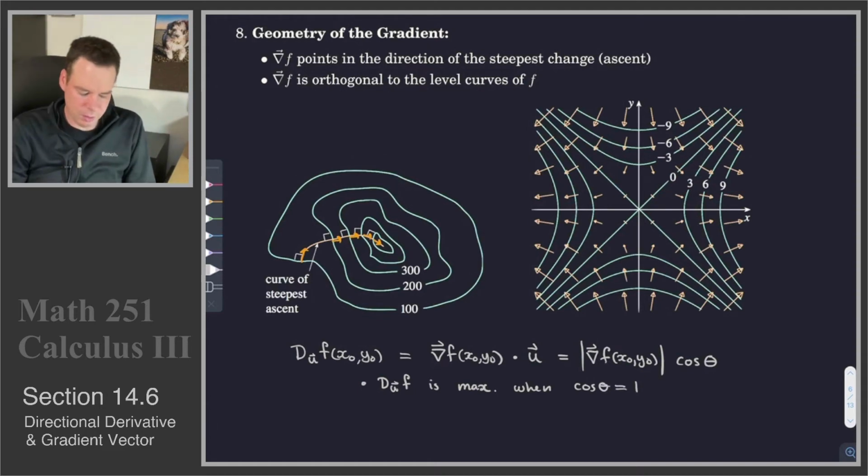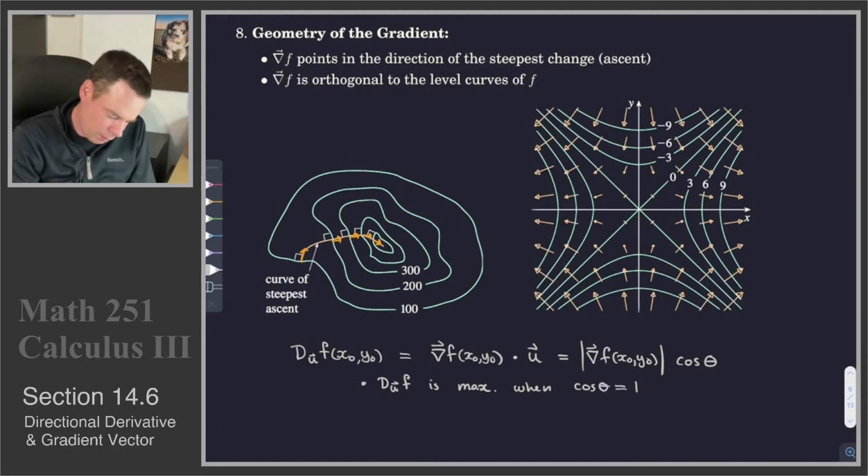So when cosine of theta is 1. And that happens when theta is 0, which means that u is in the same direction as the gradient.